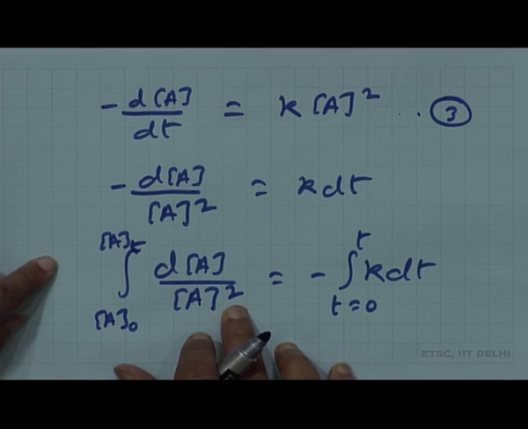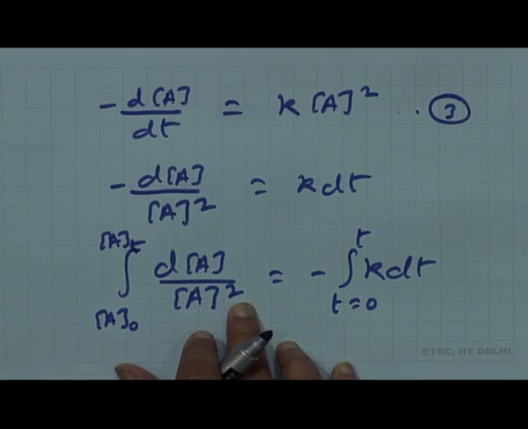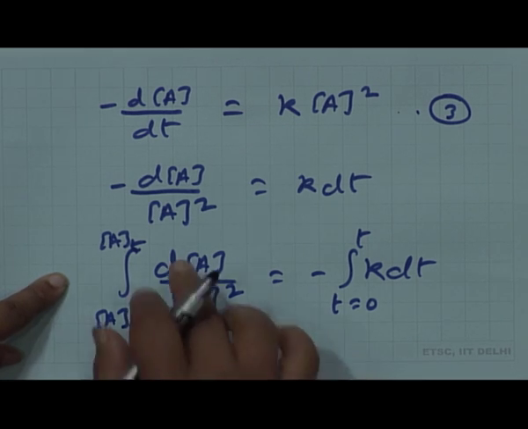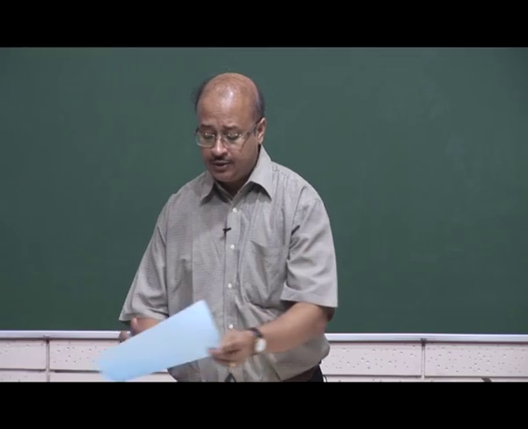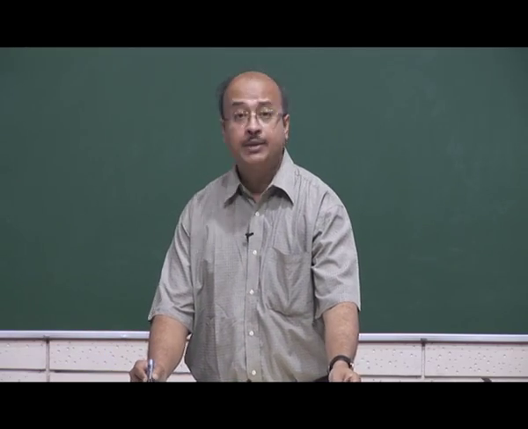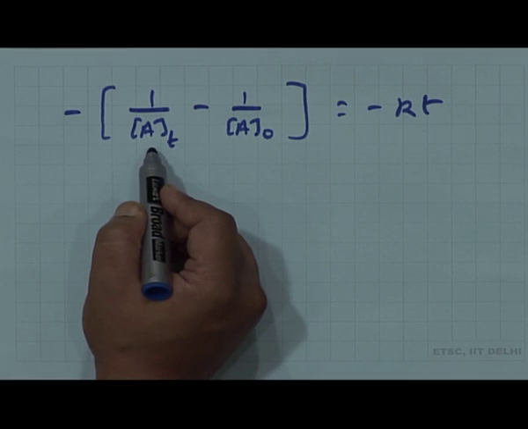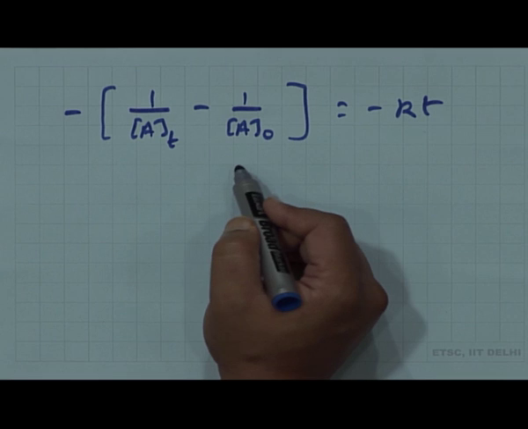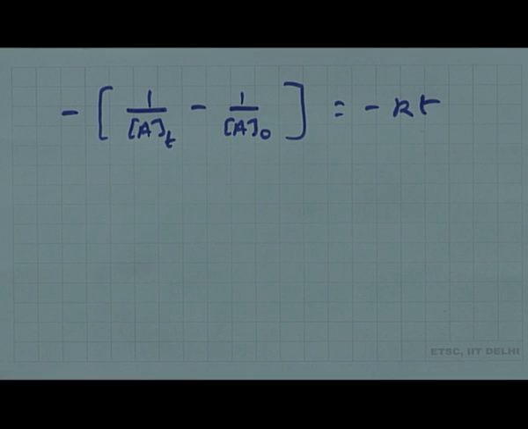So, n is equal to minus 2, plus 1, with the negative sign out up front, and then you have the negative sign out here, and this is coming from the integral: 1 over concentration of A at time t minus 1 over concentration of A at time 0, the initial concentration, is equal to minus k t.